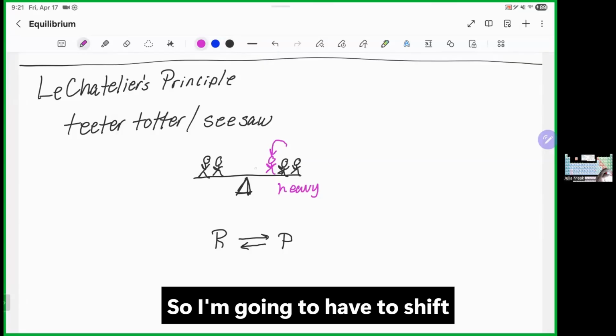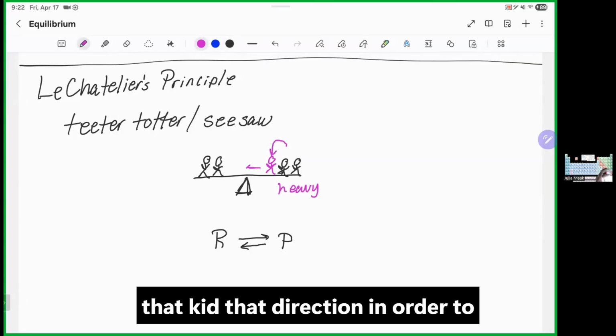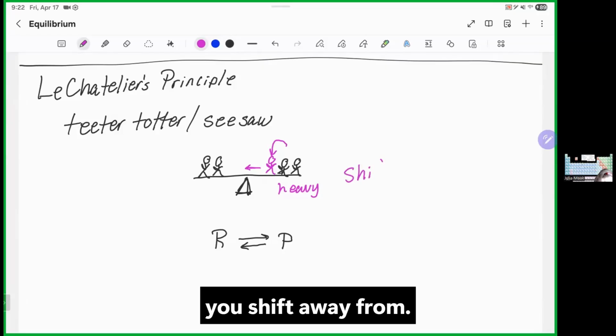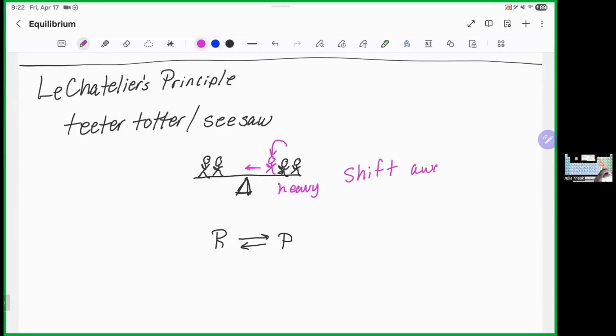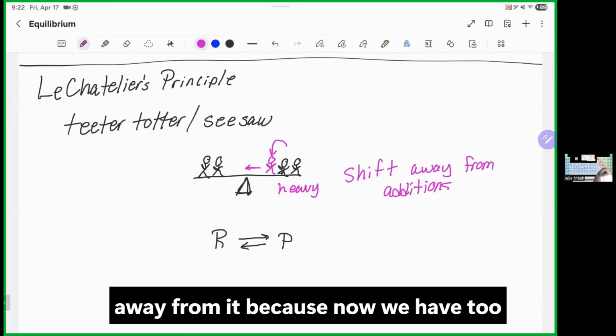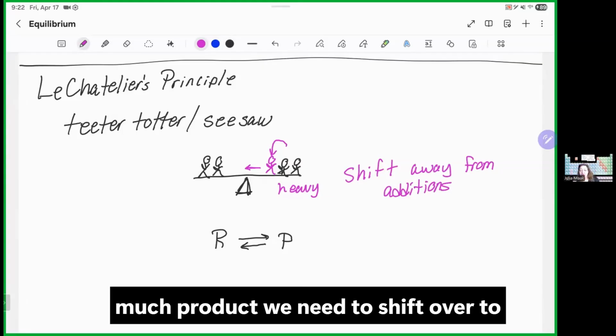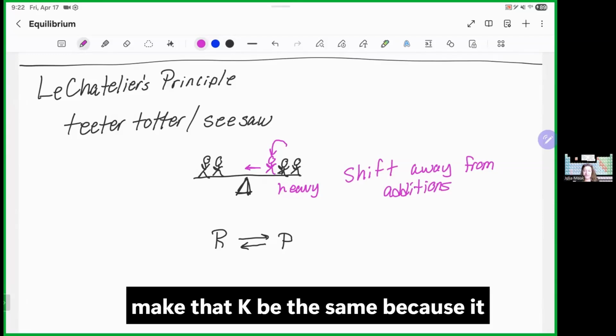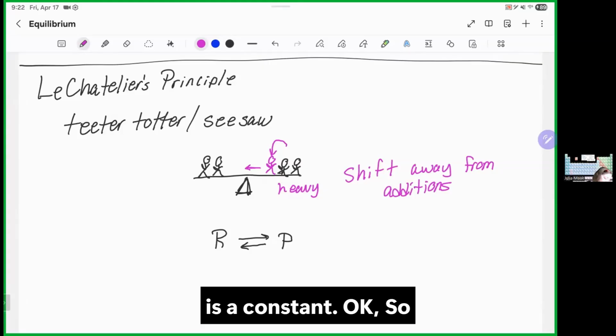So I'm going to have to shift that kid that direction in order to make it level again. So you shift away from additions. Anything you add, you shift away from it. Because now we have too much product, we need to shift over to make more reactant and less product to make that K be the same, because it is a constant.